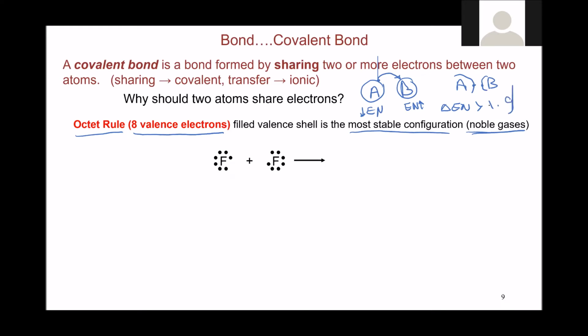So if it's greater than 1.9, you will have ionic bonding. If it's less than 1.9, you will have covalent bonding.